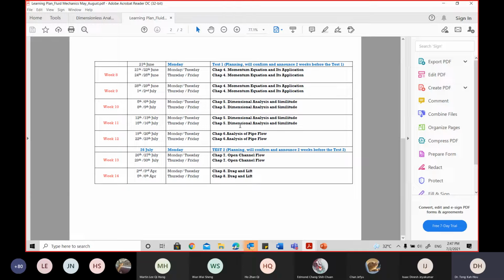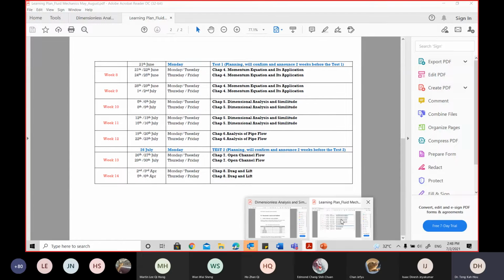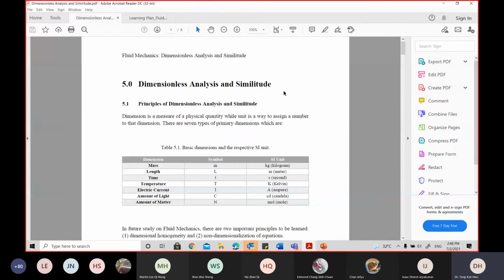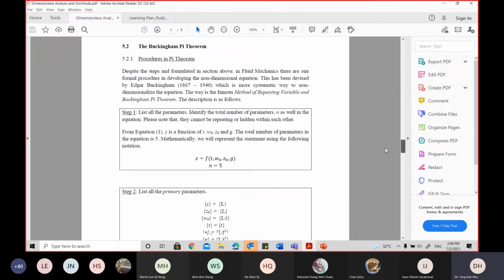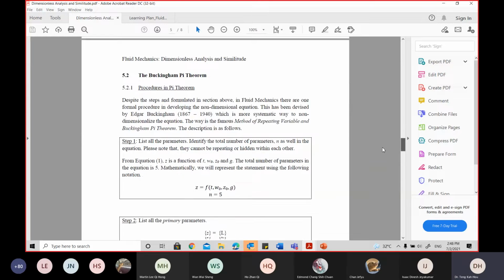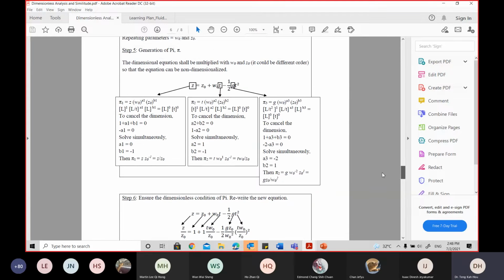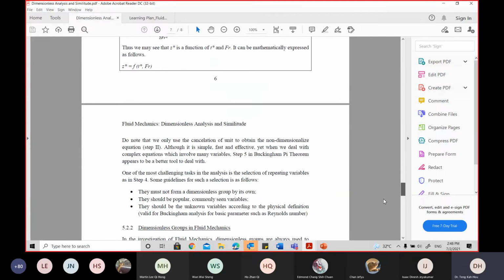For chapter 5, I'm going to take only 3 classes. In chapter 5, I don't have a presentation slide, because this chapter is straightforward. I would say chapter 5 is something you must score full marks in, because it's very simple. You just need to master the steps, and then you can score.